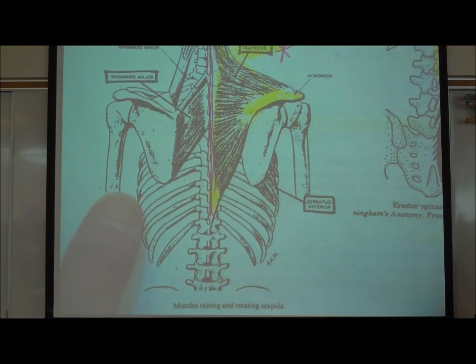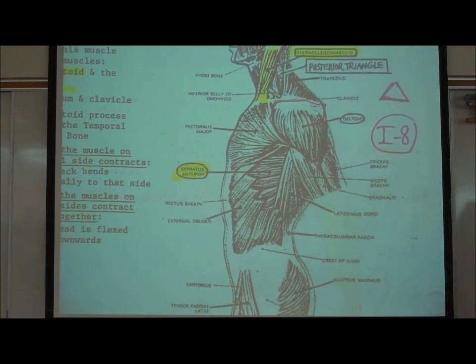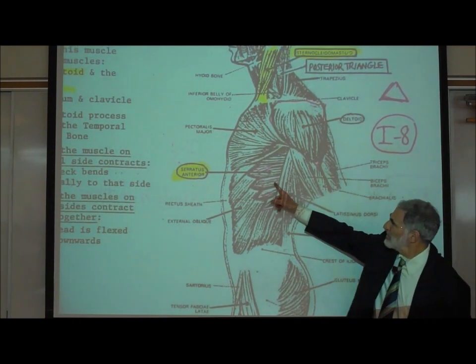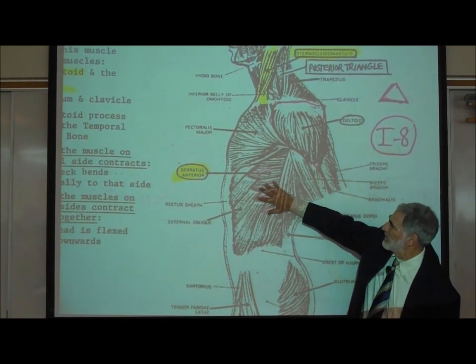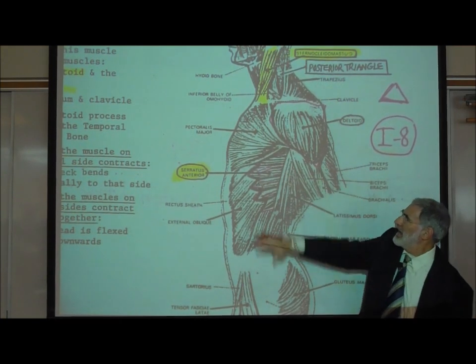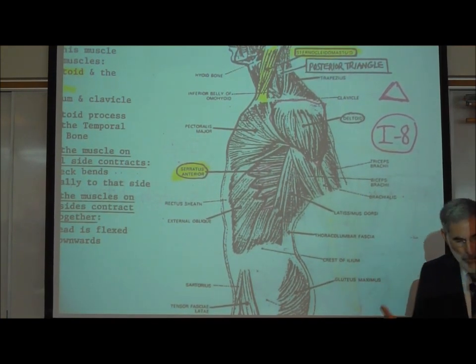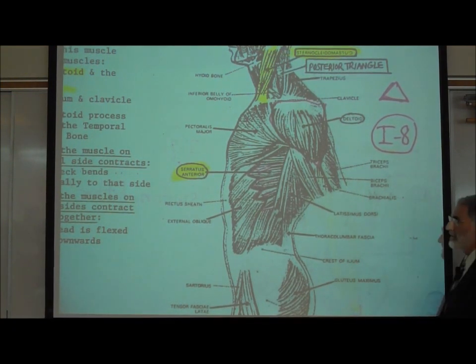Another picture of the serratus anterior is on page I-8. On the bottom picture of I-8, you'll notice right here is labeled the serratus anterior. It's going from the ribs to the scapula. With this view, we can see why it got the name serratus anterior.